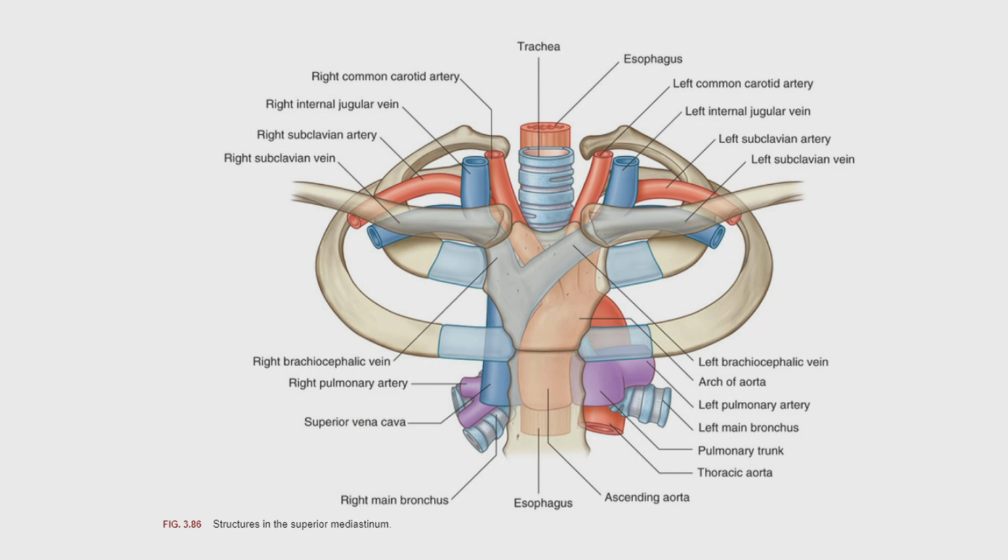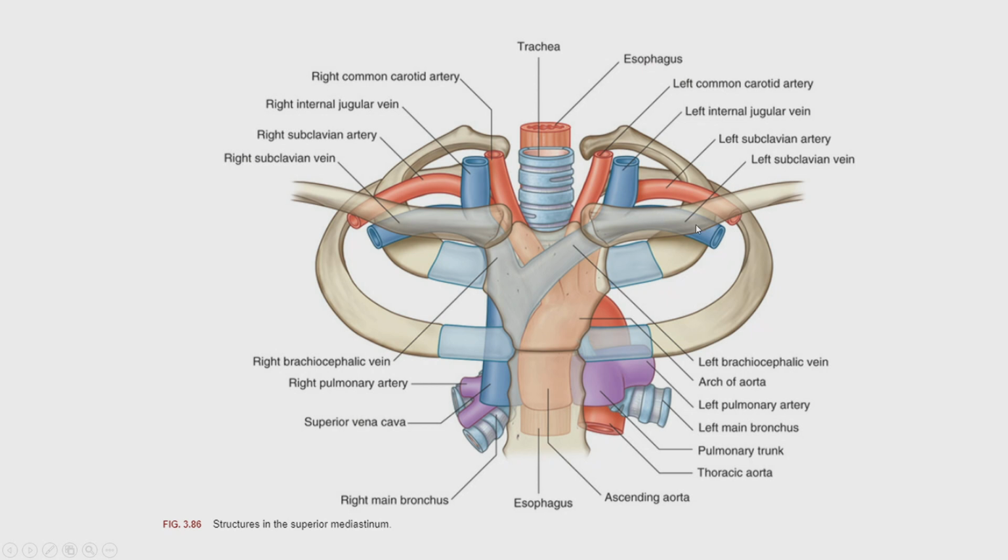Another important piece of information, as you see, is that the superior vena cava, as we said, is formed by the junction of the left brachiocephalic vein and the right brachiocephalic vein. The brachiocephalic vein itself is formed by the junction or union of the internal jugular vein and subclavian vein.